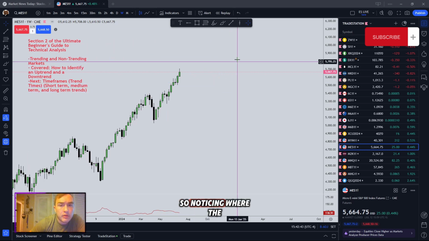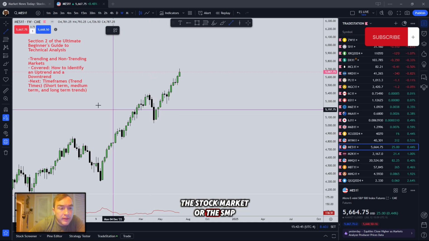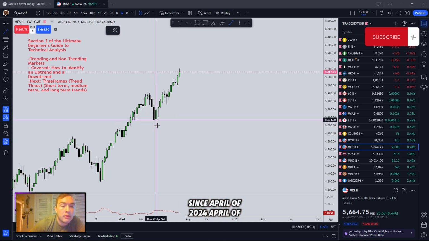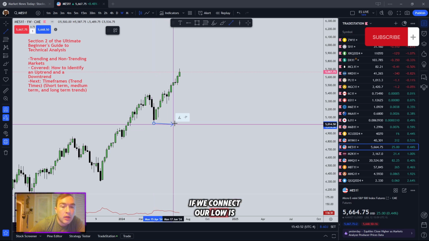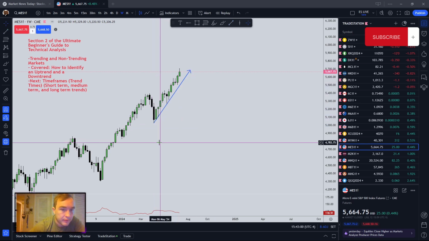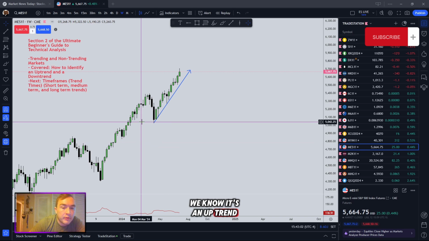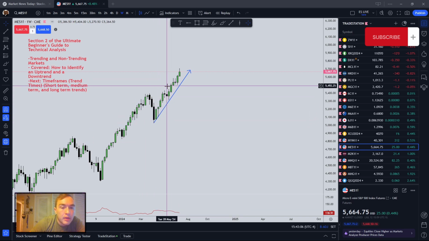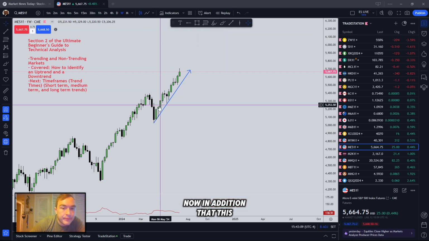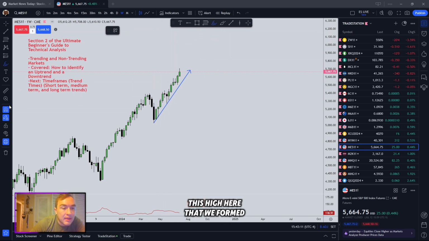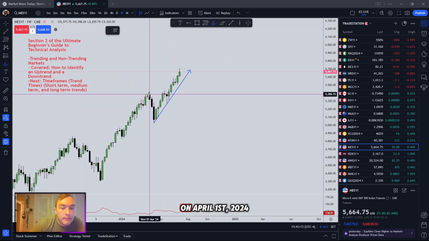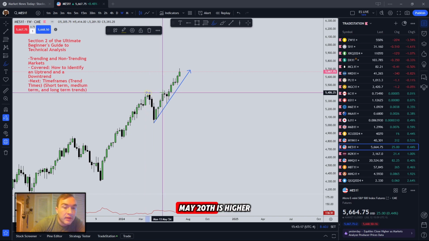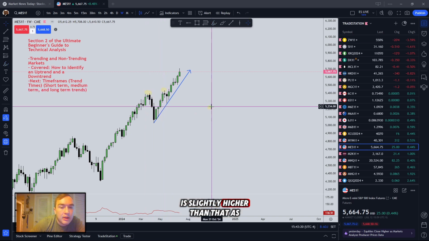Noticing where the stock market, or the S&P 500, has been since April of 2024, April of this year, if we connect our lows, it is an uptrend. We know it's an uptrend because we have one low, and we have a second low that is higher than the first low. In addition, this high that we formed on the 1st of April 2024, notice that the week of Monday, the 20th of May, is slightly higher than that as well.